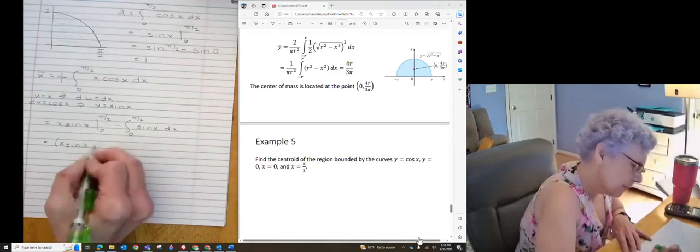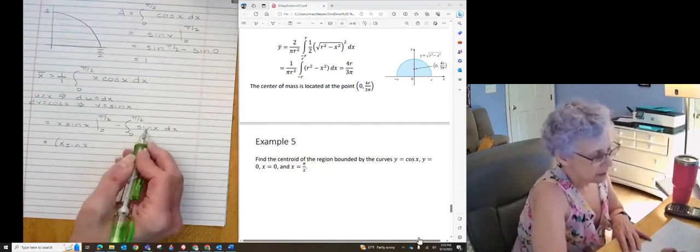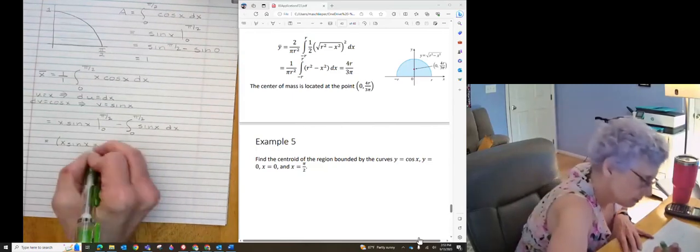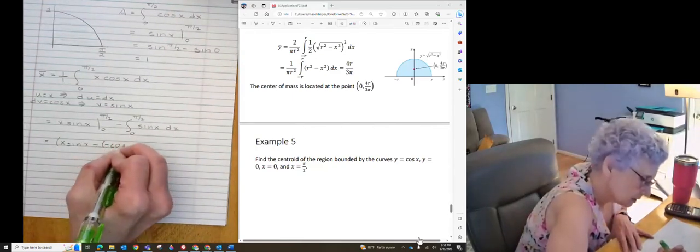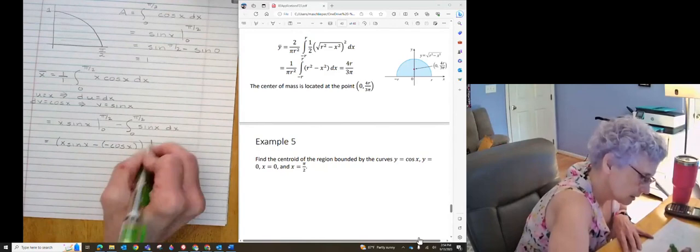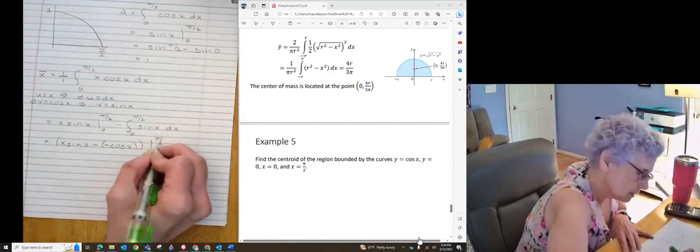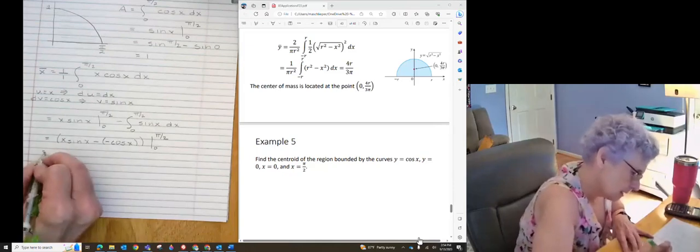X sine of x minus the antiderivative of sine would be minus negative cosine of x from 0 to pi halves.